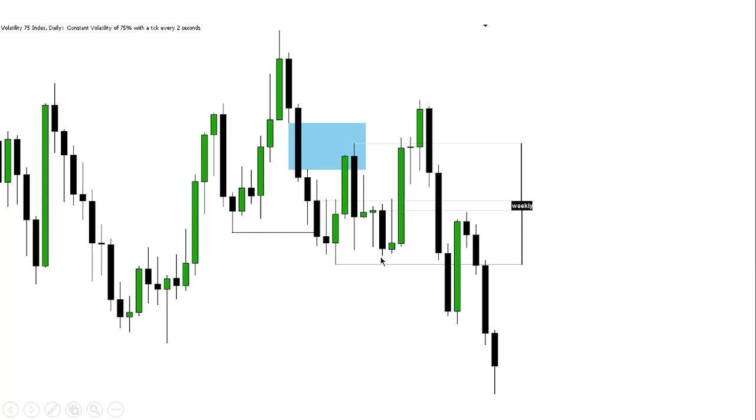But then we did not get an expansion towards sell side liquidity, because as you know, when price has rebalanced the fair value gap, the expectation is that we should see an expansion towards liquidity. So in this particular case, we should see an expansion towards sell side liquidity, but we did not.